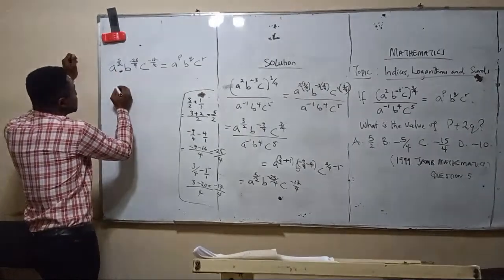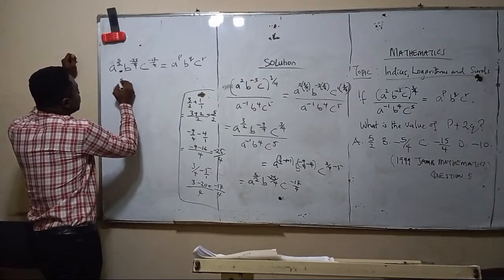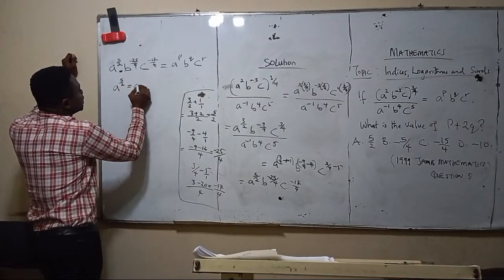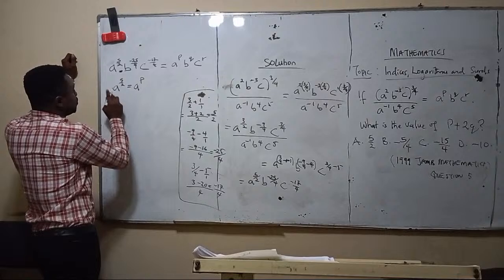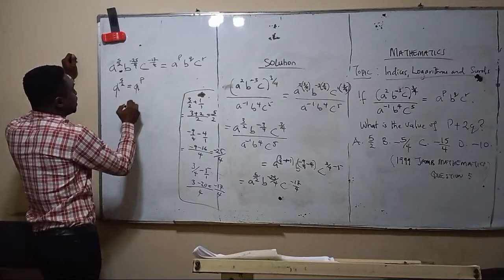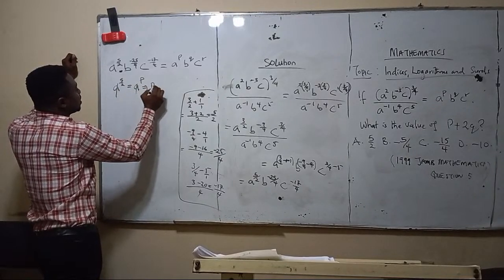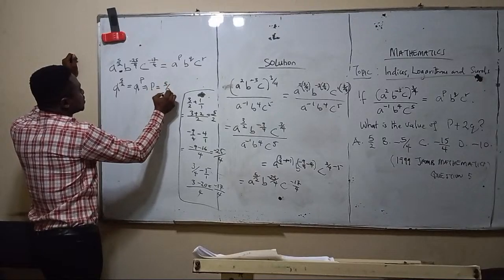So a raised to power 5 over 2 is the same as a raised to power p. Because they have the same base, a will cancel a. That implies that p is equal to 5 over 2.